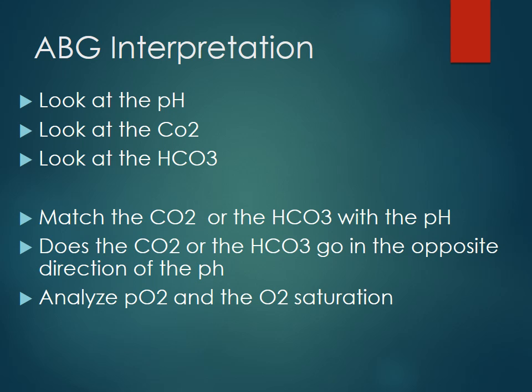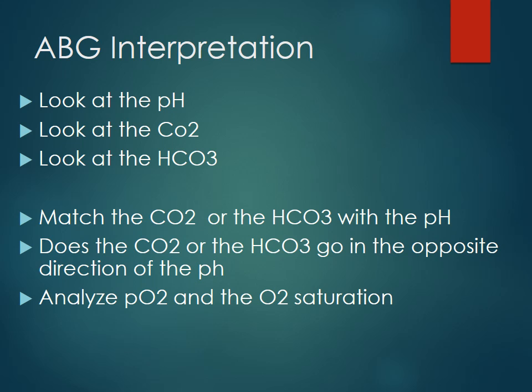The next step that I do is I look at, does the CO2 or the HCO3 go in opposite directions of the pH? If the CO2 or the HCO3 goes in opposite directions of the pH, there's compensation going on.